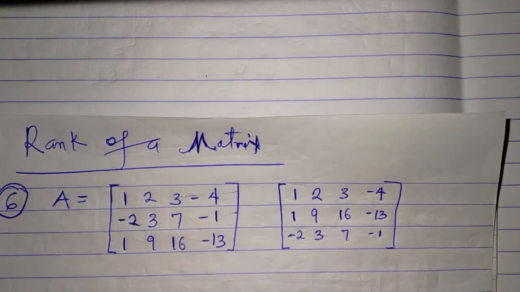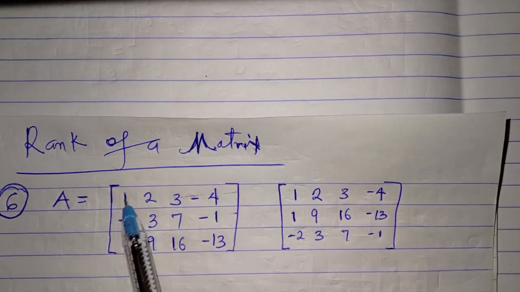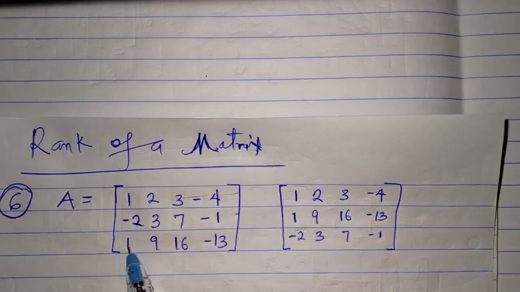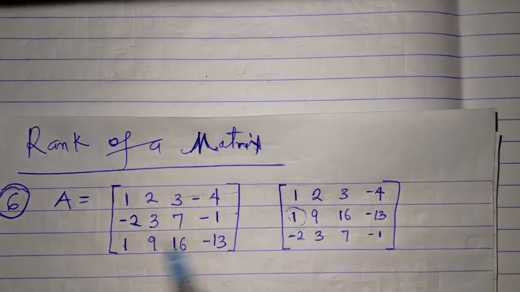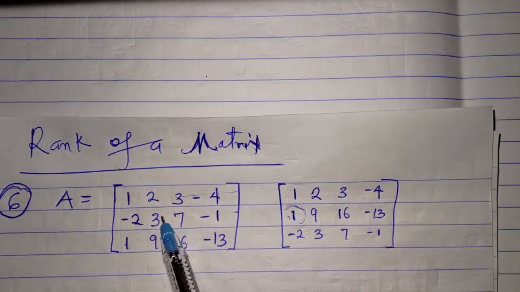Why did I swap row 2 and 3? I observed that the first entry here is 1, here is also 1. I can easily make this entry 0 if I subtract row 1 from row 2.